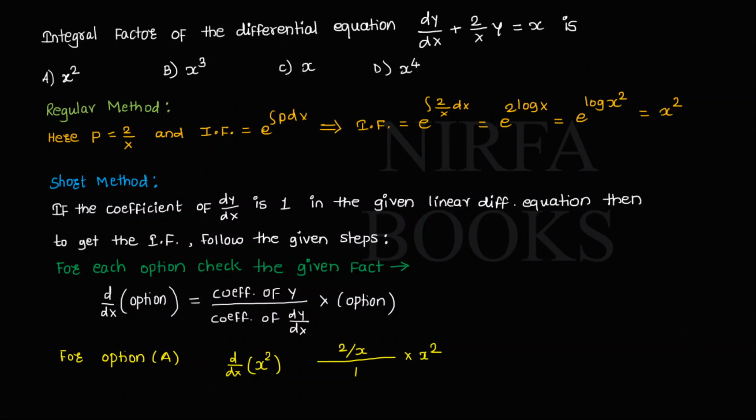If they are equal, then the first option is our answer, that is integral factor. The derivative of x square is 2x, and if you simplify the right hand side, you will get again 2x. Therefore both sides are equal, and hence option A satisfies this equality, and therefore option A is the right answer.